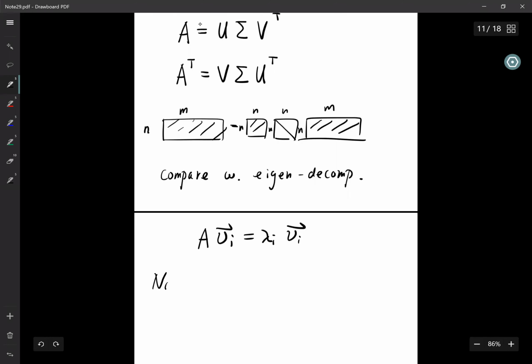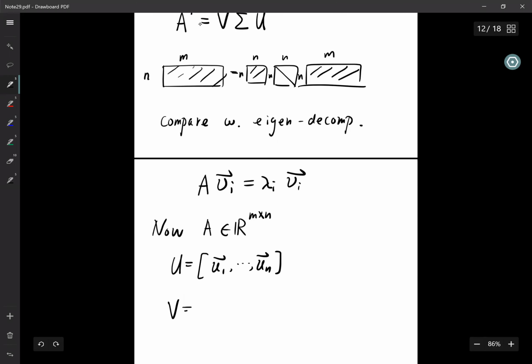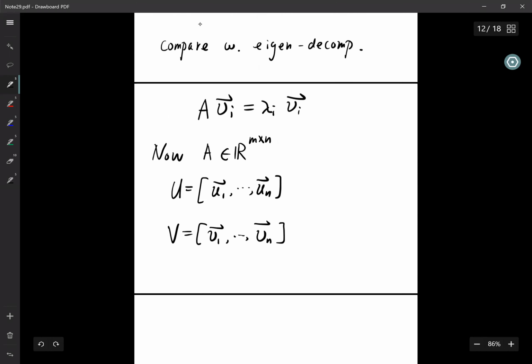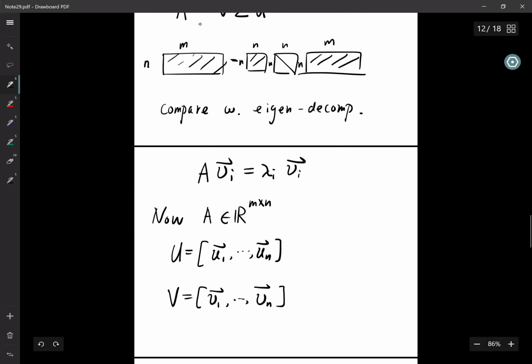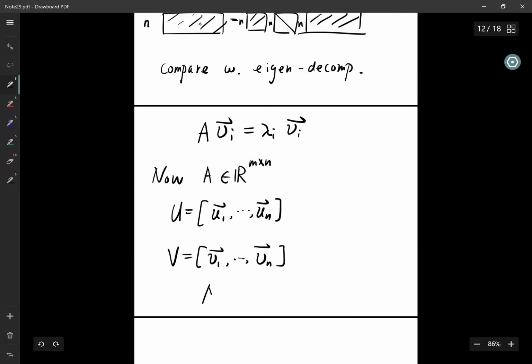Now, for A, which is m by n, as I said, this is not possible, but I can consider the matrix U consisting of n columns, and V consisting of all the columns here. Then I have A V equals U sigma.